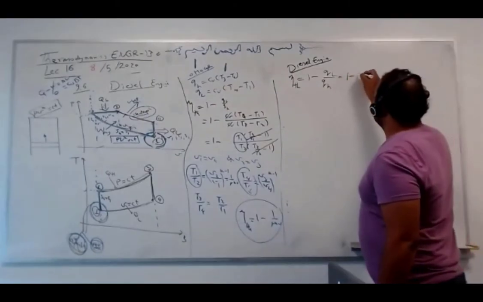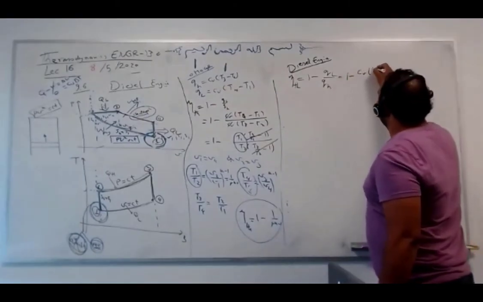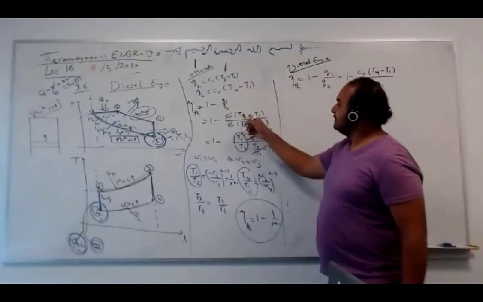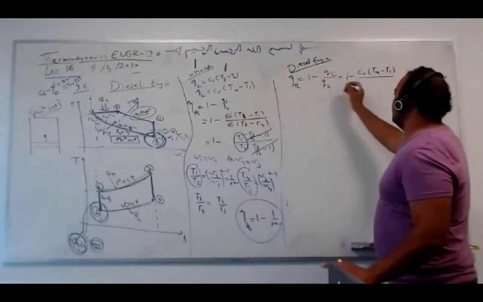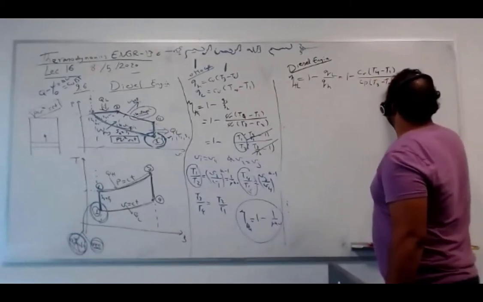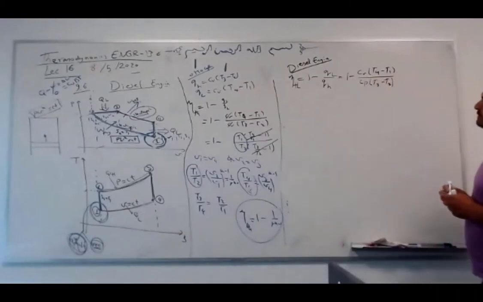So it's 1 minus Cv (T4 minus T1), exactly the same as this one. But here Q high is not that. It's Cp (T3 minus T2). Make sense, guys?